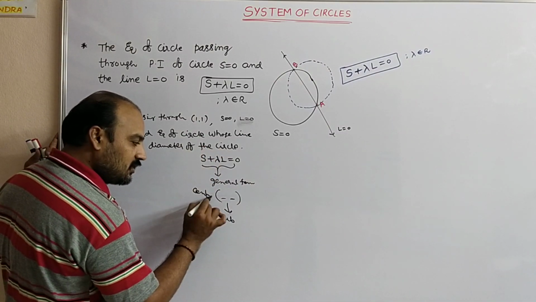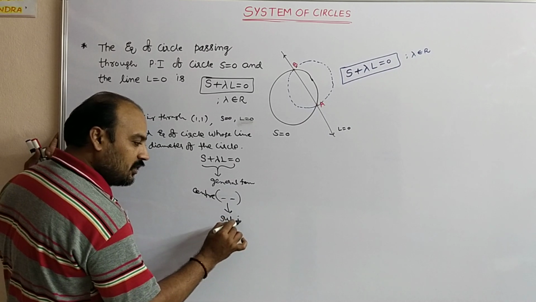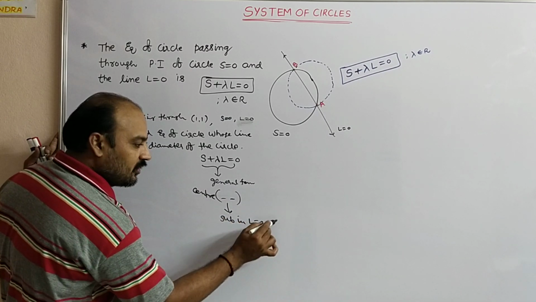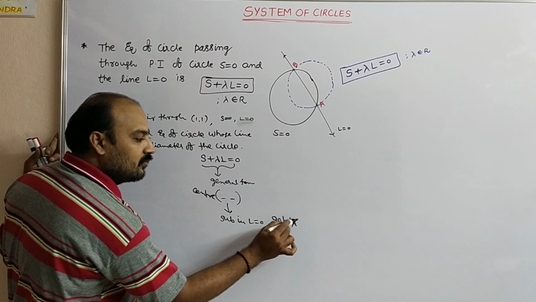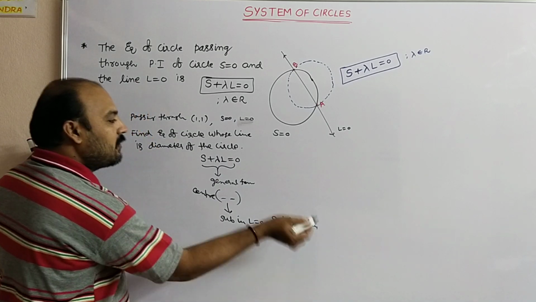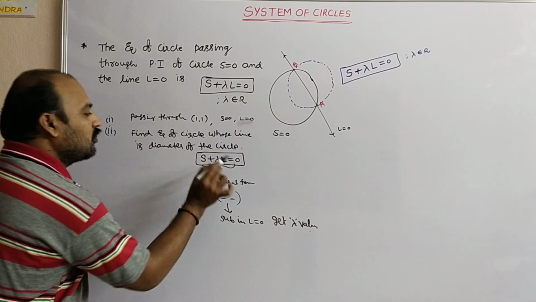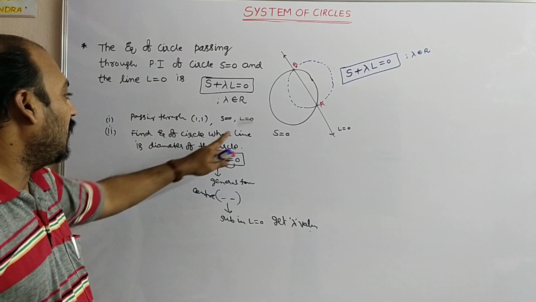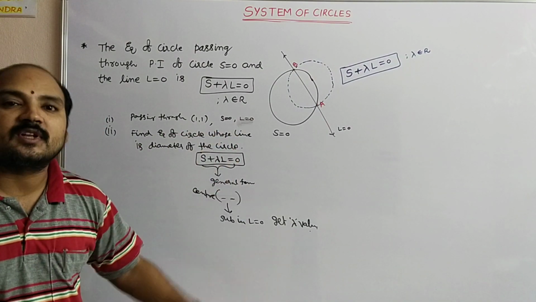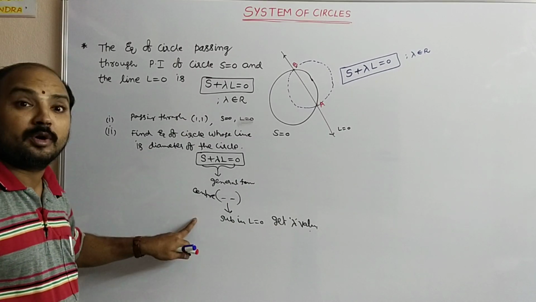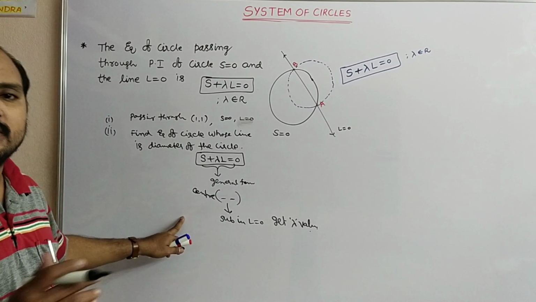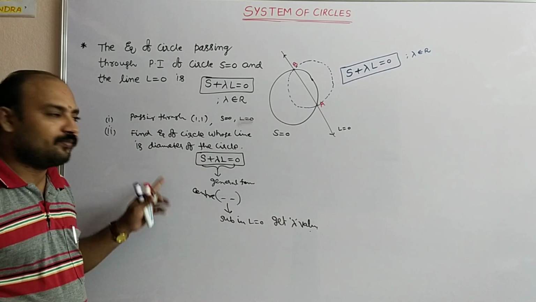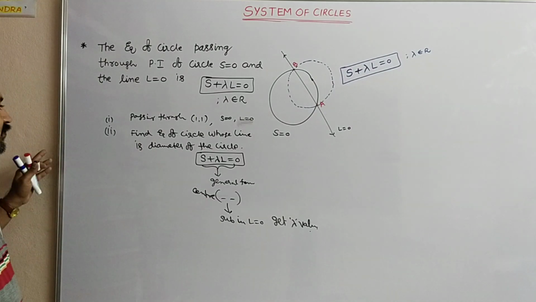Substitute center in L is equal to 0, get lambda value. This lambda value again substitute in this equation, we can get the required equation of circle whose diameter is the line. This is one of the important models, this type of query. I will explain these models in the next video, don't worry.